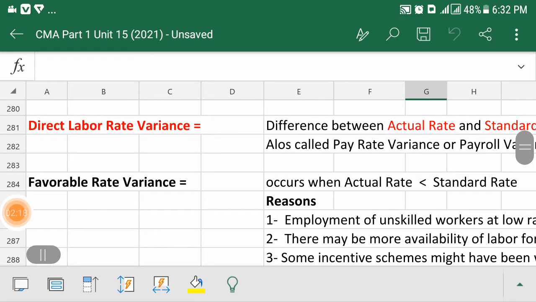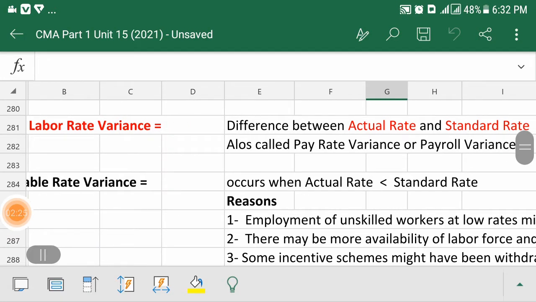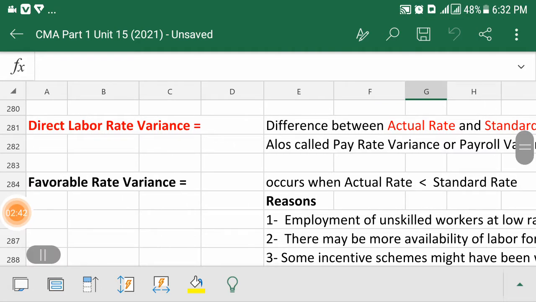I hope you understand the difference and when it will be favorable. For it to be favorable, the actual should be less than the standard. Since it is an expense, the actual expense is supposed to be less than what you expected, which is good for you, so that is favorable. What could be the reasons for favorable?